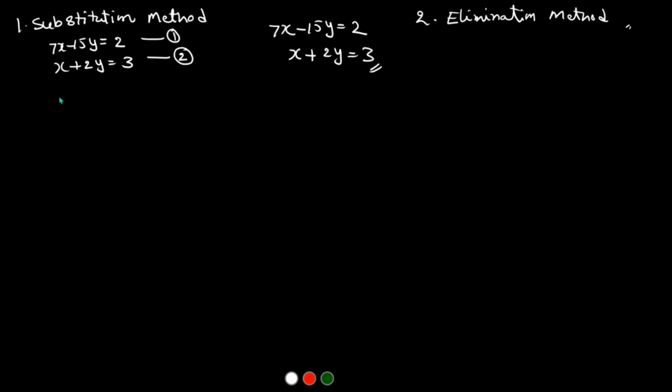From the first equation, 7x minus 15y is equal to 2, we keep either x or y on one side. Let's keep x on one side, that is 7x is equal to 2 plus 15y. What is x? x is equal to (2 plus 15y) divided by 7.